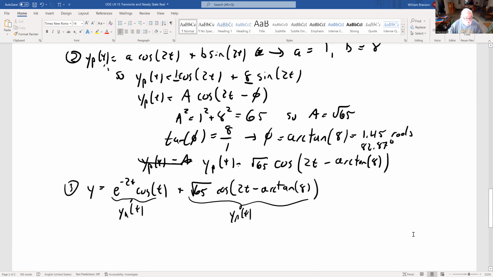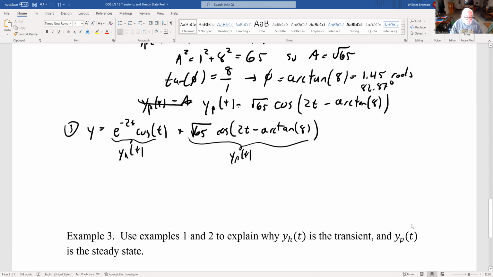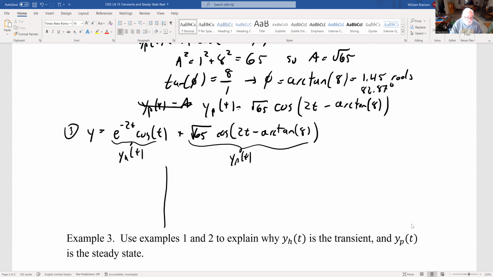The homogeneous solution, if you graph these things, as we just sketch this very briefly, e to the minus 2t cosine t is a decaying cosine function. It looks like that, because the e to the minus 2t is going to drive it to 0. This is a cosine function with amplitude square root of 65.